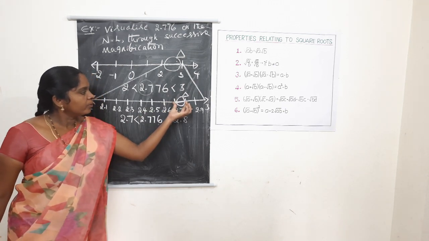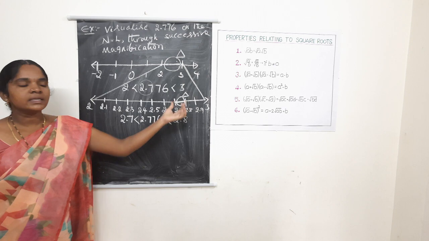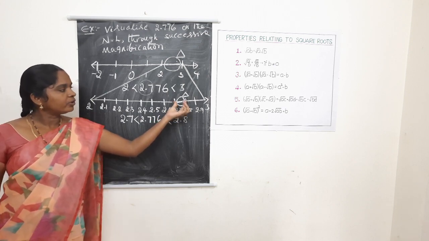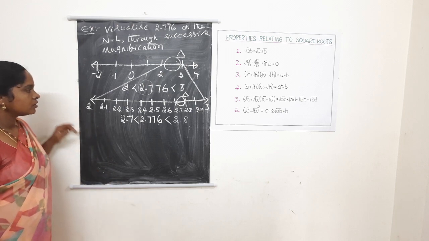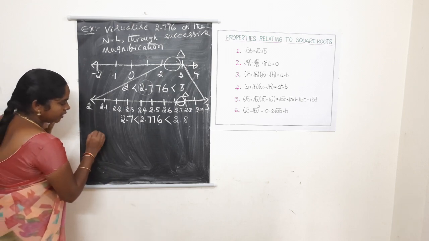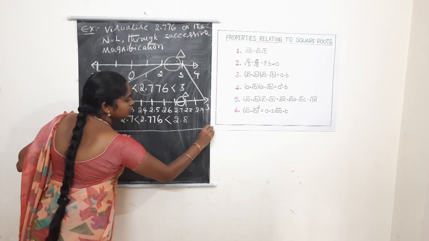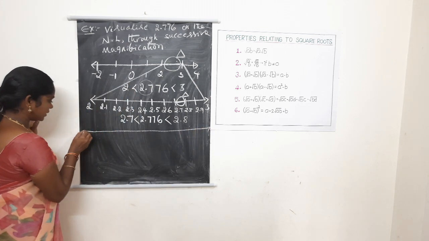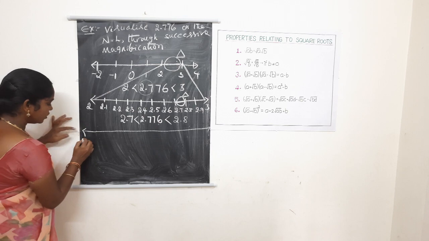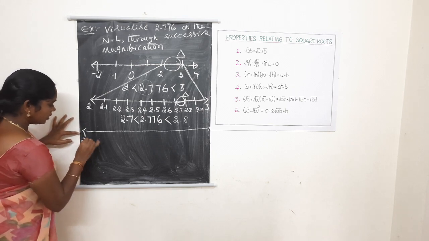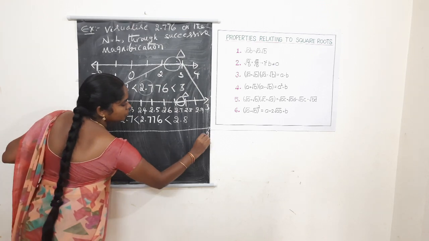So we need to expand this smaller portion and we divide it into 10 equal parts. So again let us draw another number line. So this is 2.7, this is 2.8.